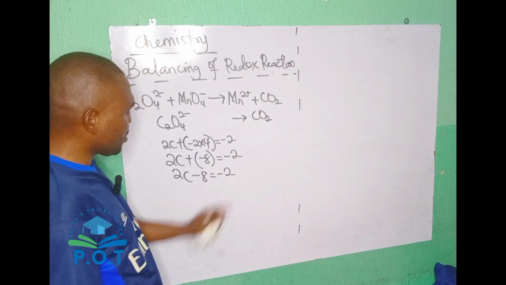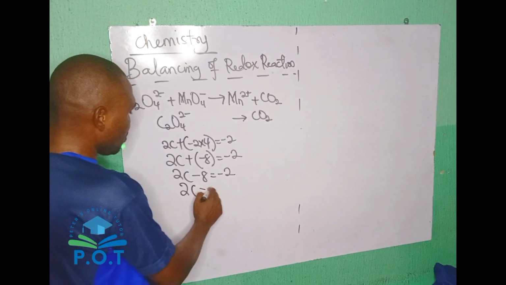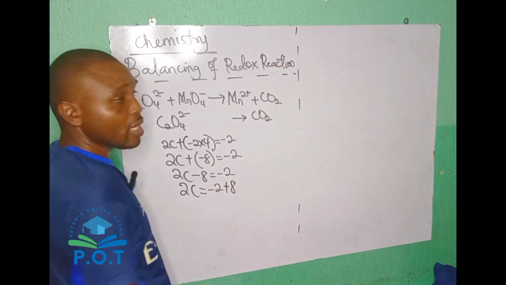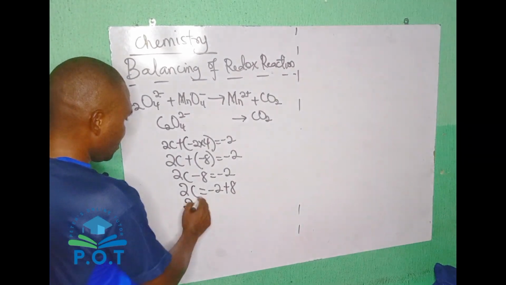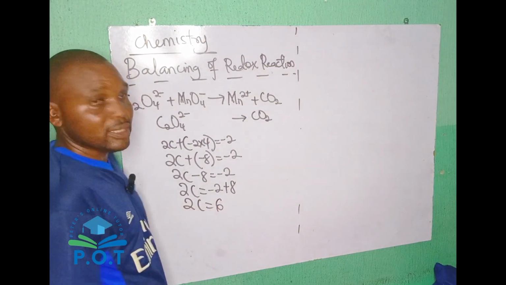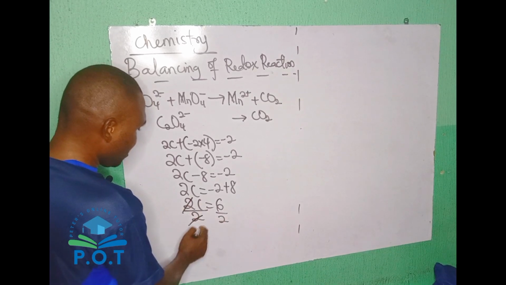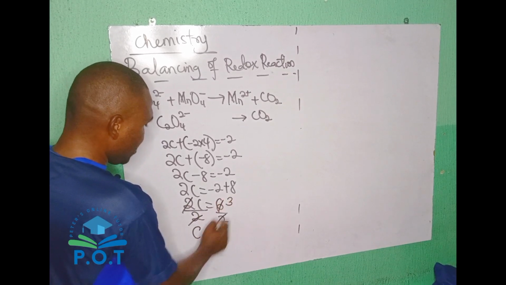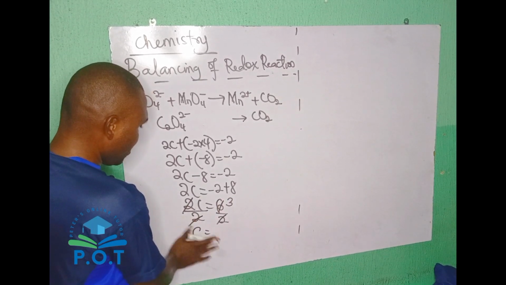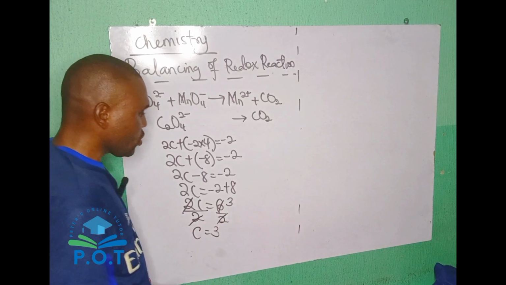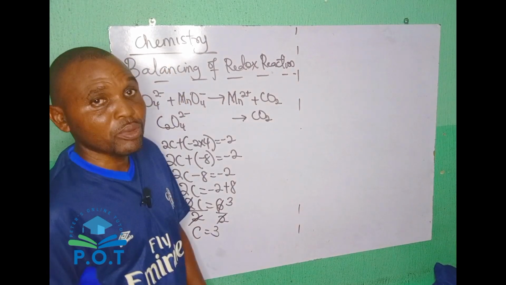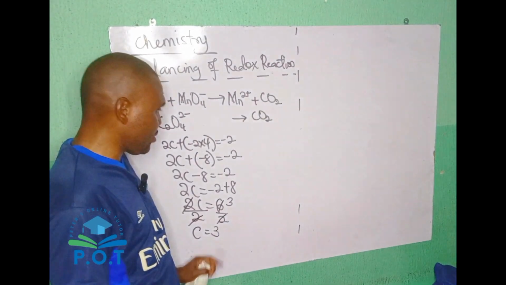So -8 comes here. I'm having 2C equals -2 plus 8. 2C equals 6. Divide both sides by 2. C equals 3. So the oxidation number of carbon here is 3.